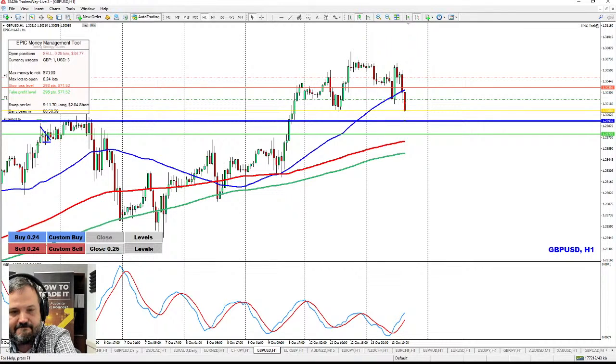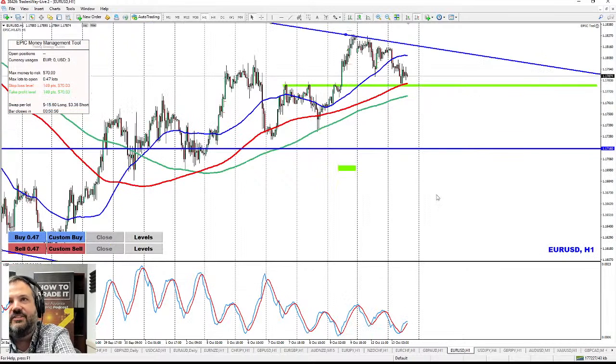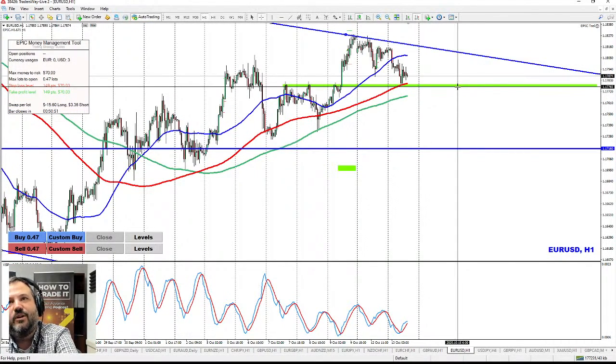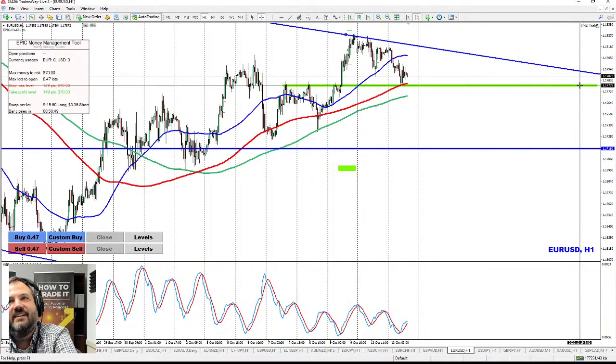So, oh, I wanted to look at the euro dollar. Okay, so I was actually looking at this level on the euro dollar too, where I drew this line. I kind of like this setup. I think it already bounced off the line once, but I think it might come down here again.